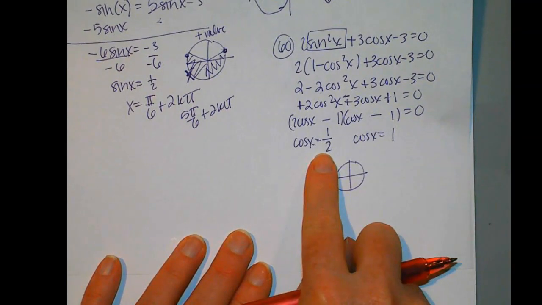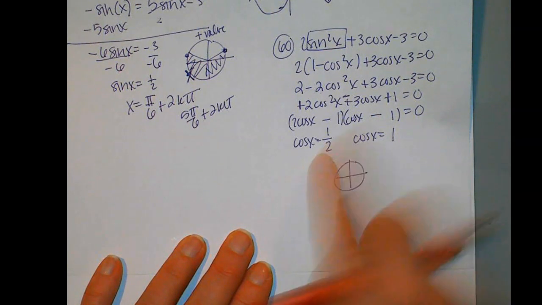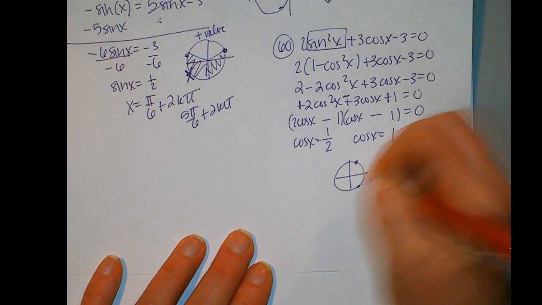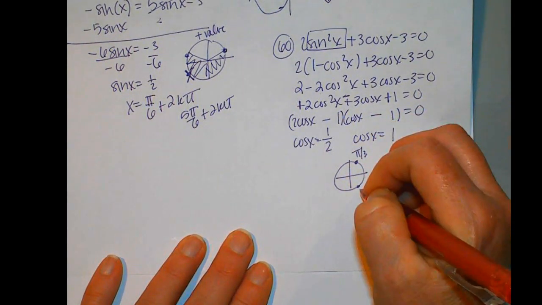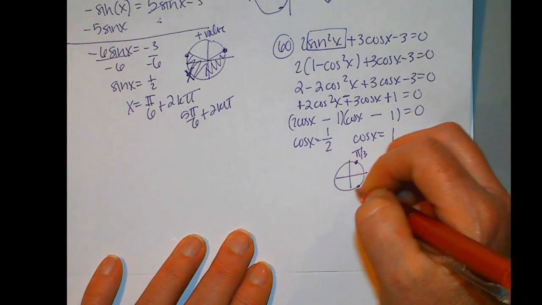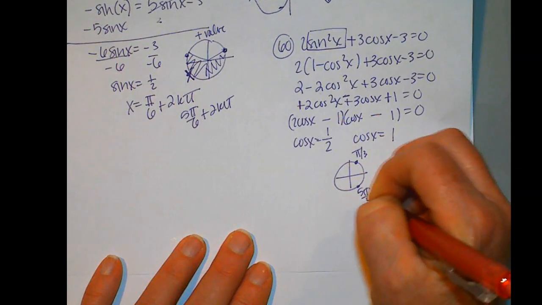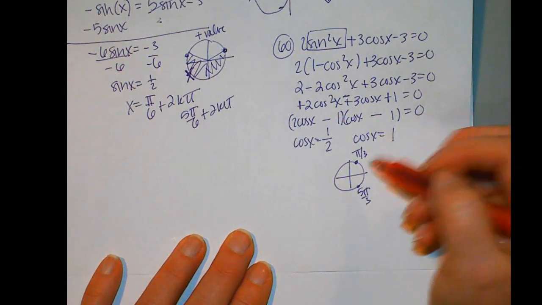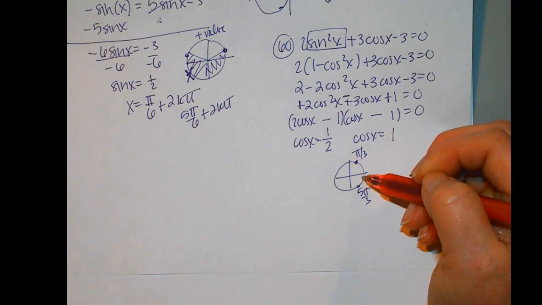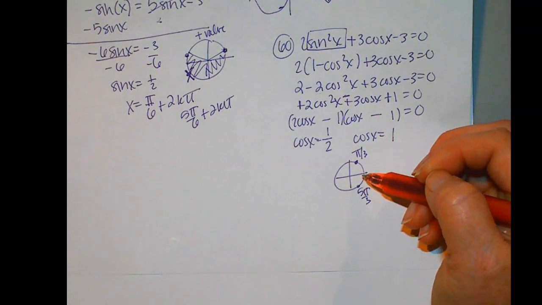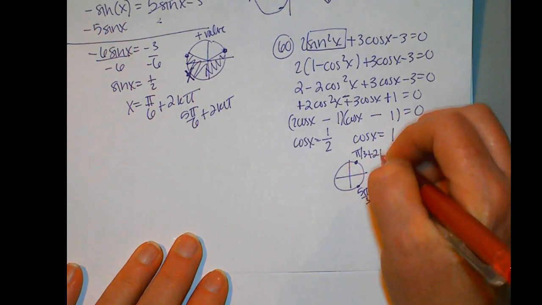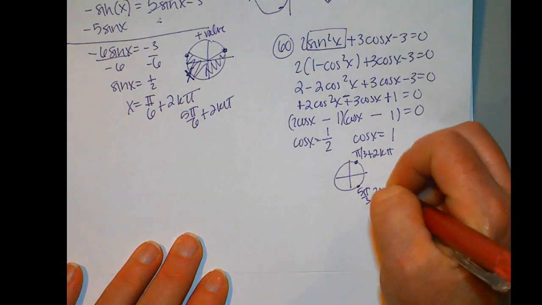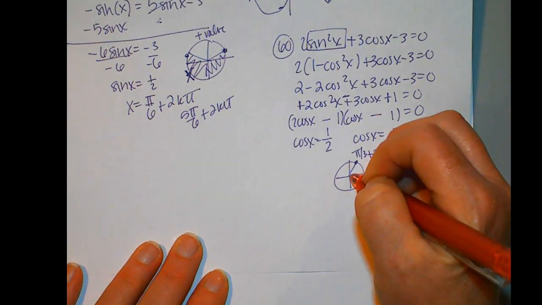Cosine is positive in which two quadrants for this one? 1 and 4. So a half for cosine is pi over 3. Pi over 3. And then, are they directly across from each other going through the center? No. So they each have to have a 2k pi. Okay, this is Pac-Man.